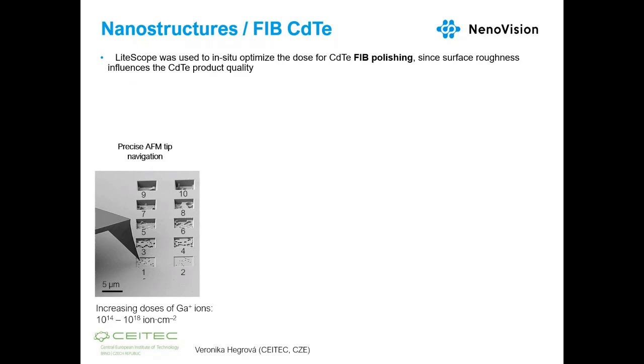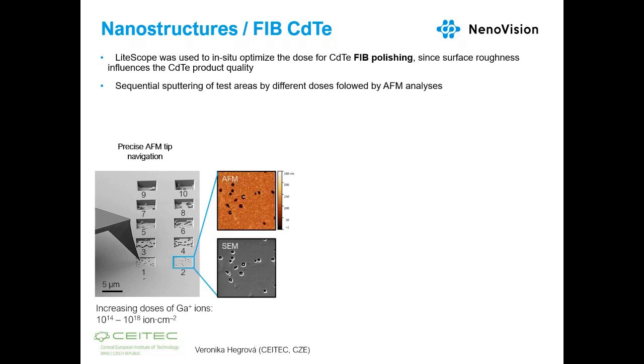We create several different areas using different doses of the ions, and then we sequentially image them by the AFM, or actually it was one image and we just sequentially analyze them. The reason is that we want to determine the sputtering rate, which means how fast I'm digging with the FIB into the sample. And also, I would like to optimize the conditions to achieve as low sample roughness as possible.